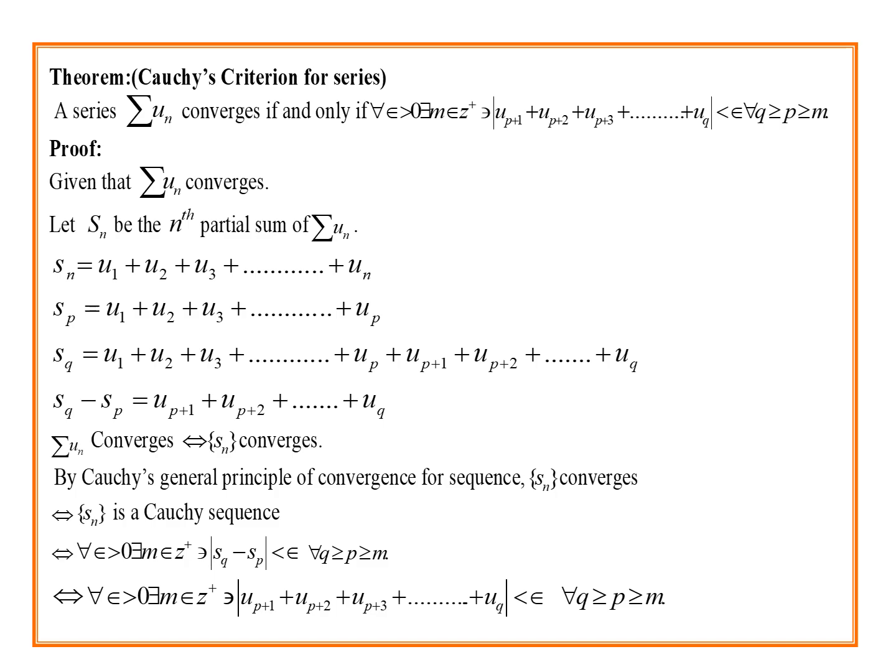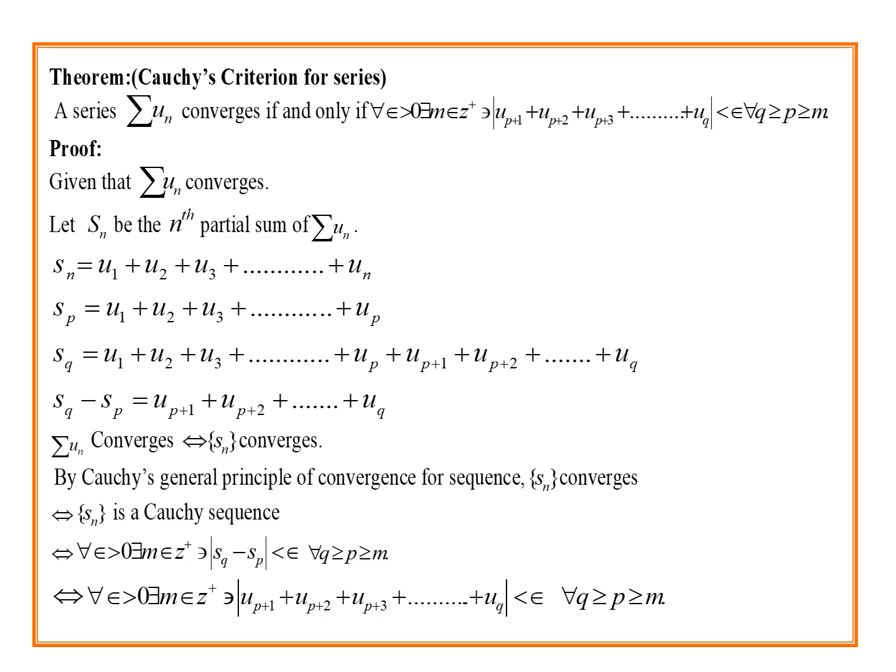Similarly, Sq is equal to u1 plus u2 plus u3 plus so on up to up plus u of p plus 1, u of p plus 2, plus so on up to uq. Why? Because here q is greater than or equal to p. Now subtracting Sp from Sq, finally we get u of p plus 1 plus u of p plus 2 plus so on plus uq. So now sigma un is convergent.